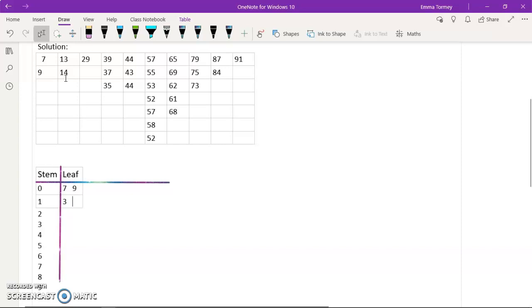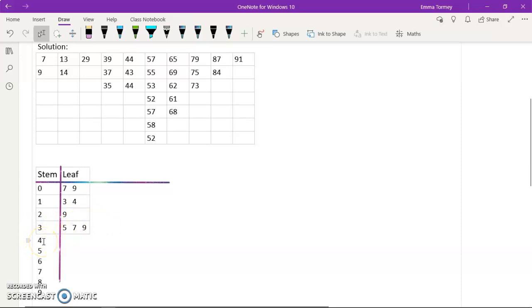Notice the way I'm keeping the spacing even and putting them one under the other. Then for the next one, it's going to be 29, and there's only one number, so I only put one number there. Then I have 30, and I have to put them in order, so 35 comes first, then 37, then 39.